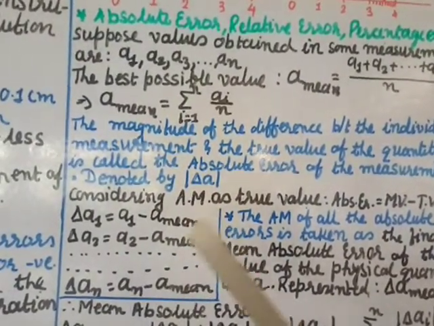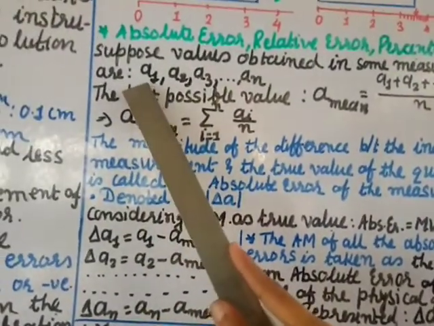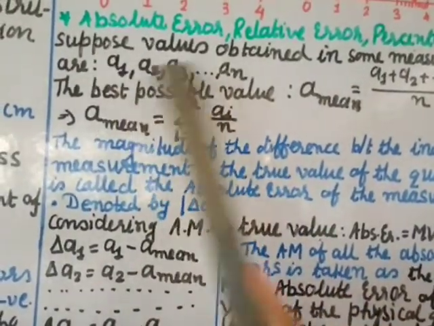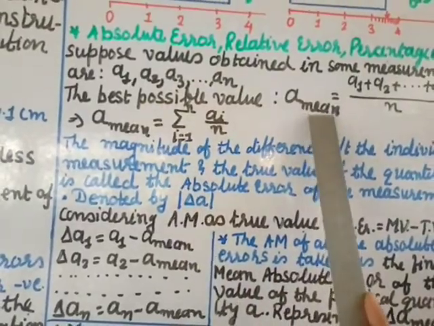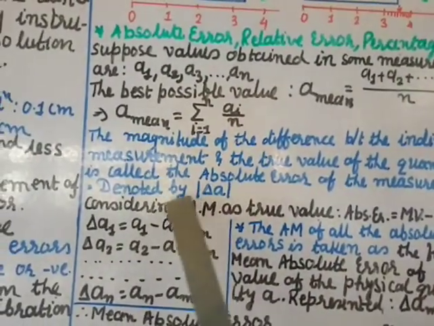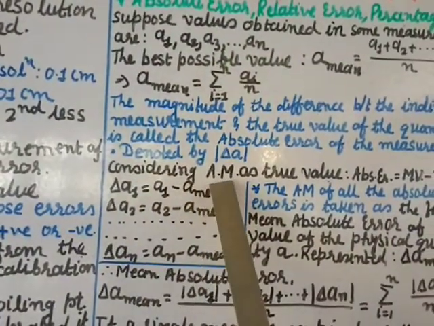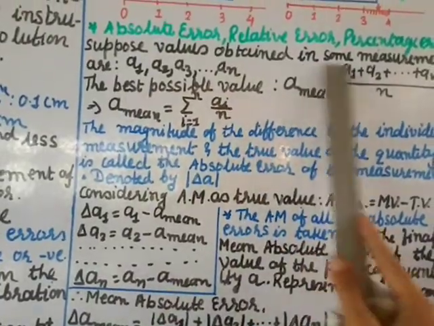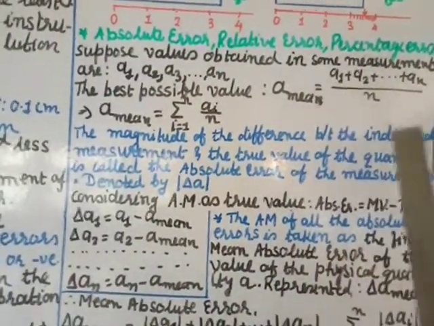It is the magnitude of the difference between the individual measurements, here A1, A2, A3 up to AN, and the true value or the best possible value, here A mean. That is the absolute error, considering the arithmetic mean as the true value. As I said, this is a base value, so if the true value is given, you take that; otherwise we find it using the average.